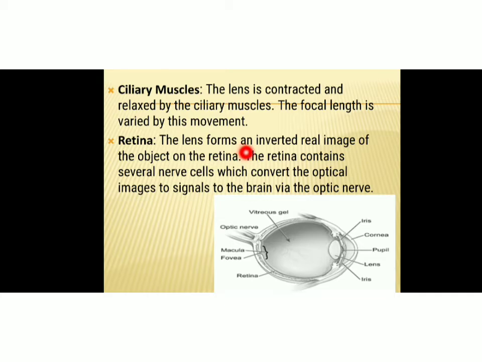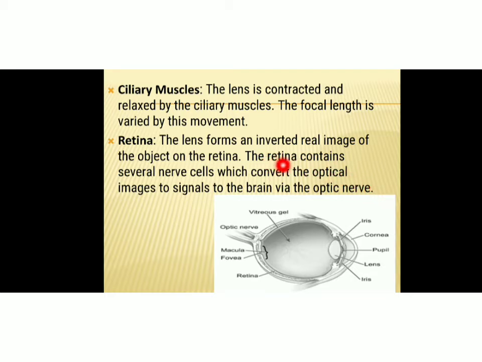Then what is the retina? That is the next part. The lens forms an inverted real image of the object. We had already discussed that, and this image is formed on the retina. The retina contains several nerve cells which convert the optical images to signals to the brain through the optic nerve. Children, when we see a dog, our brain tells us that it is a dog. How is it possible?